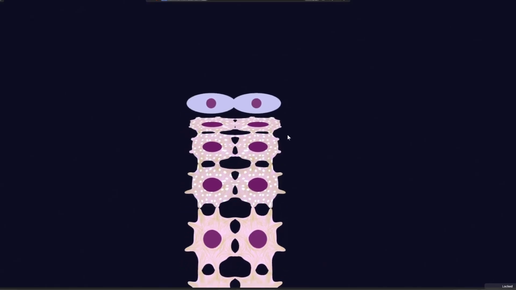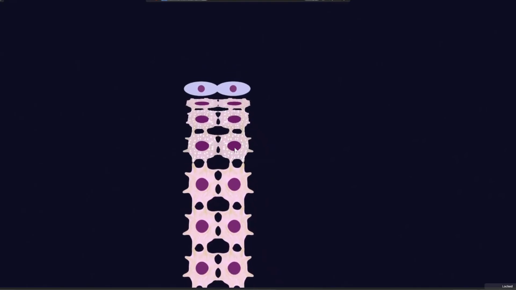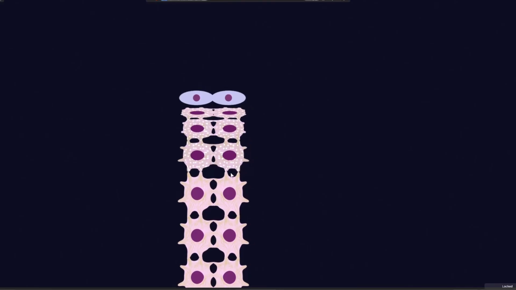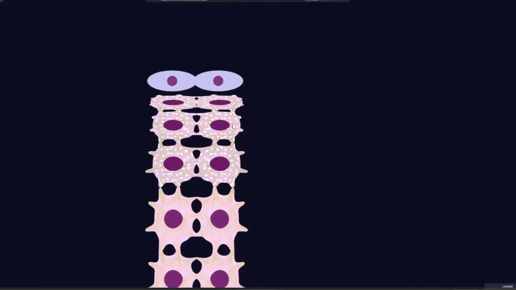Now at this stage, these cells also have these spiny processes, desmosomes. But along with that, the characteristic feature which is not present in other layers of the epidermis is the presence of these granules.